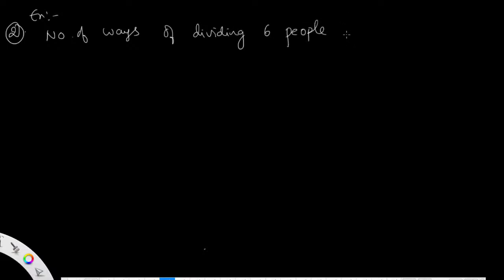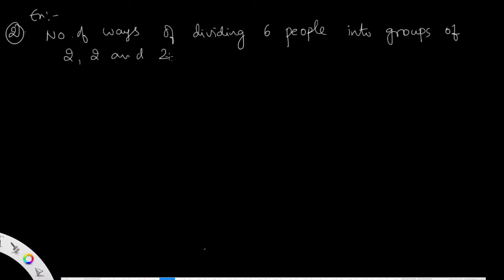Similarly, let us take the second example. The number of ways of dividing 6 people into groups of 2, 2 and 2.